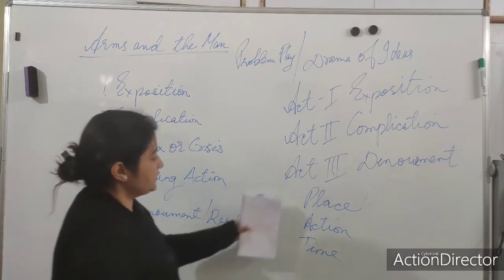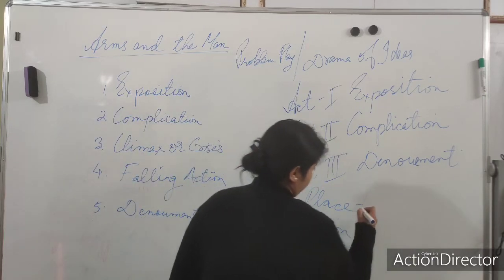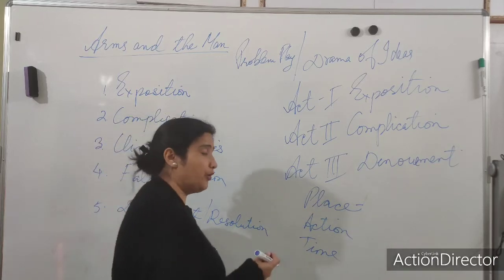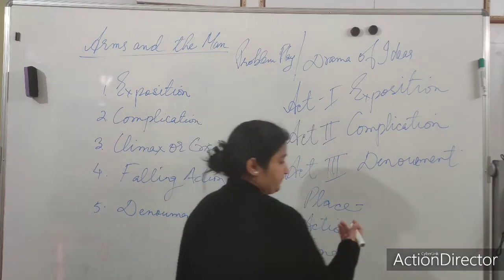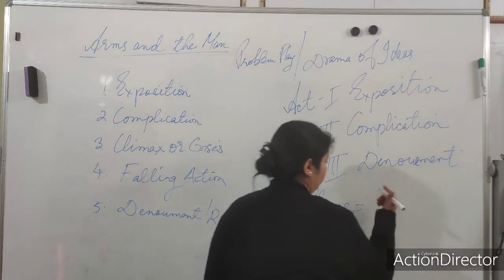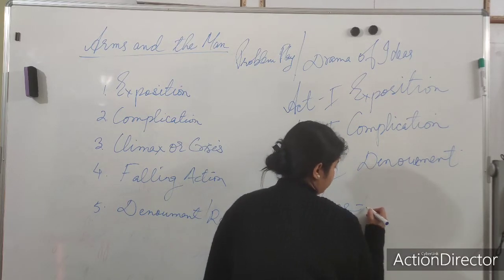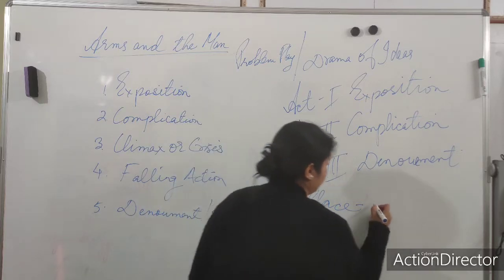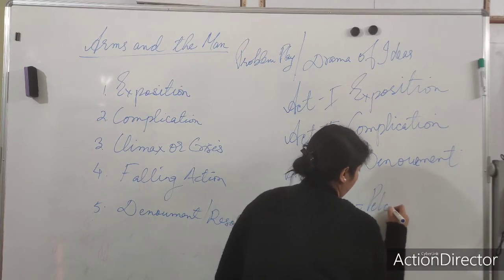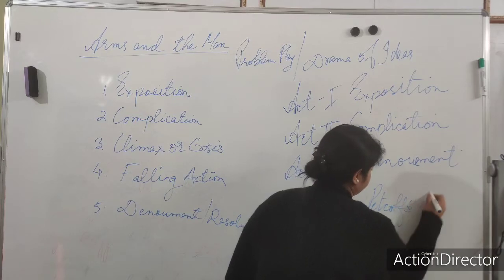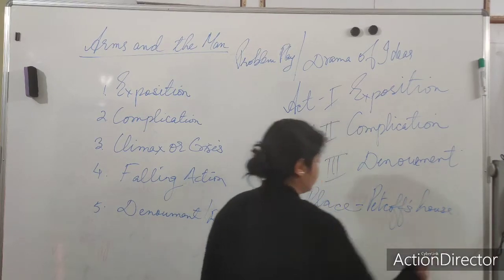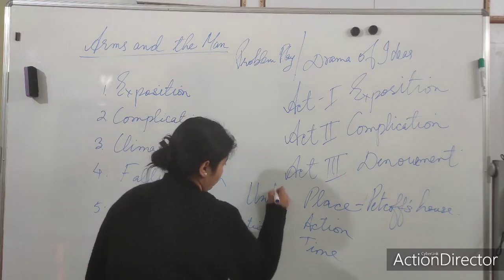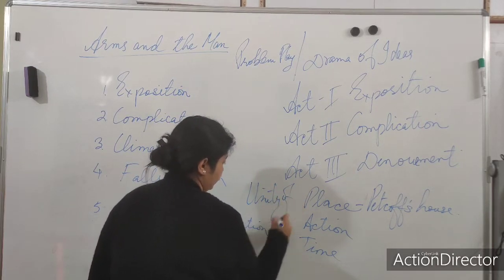As far as place is concerned, how do we say that unity of place has been adhered to or followed? The action takes place at one particular setting, one particular place. Setting is Bulgaria, remember that, okay? The place over here is the Petkov's house. This is your unity of place. I am writing it down so that you do not get confused, right?